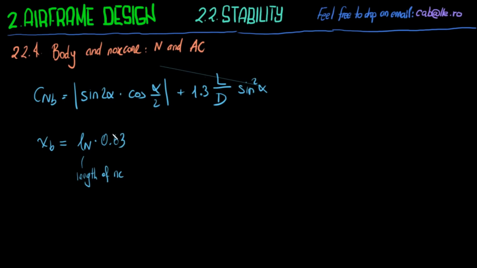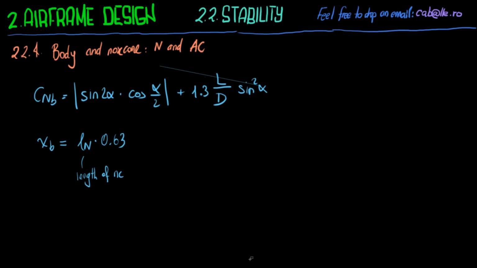So it's not going to be the same if you have a conical nose cone than if you have a Haack series nose cone, I think it's spelled that way, or an ogive, or tangent parabolic. I think those are the typical kinds. But still, it's a small variation.